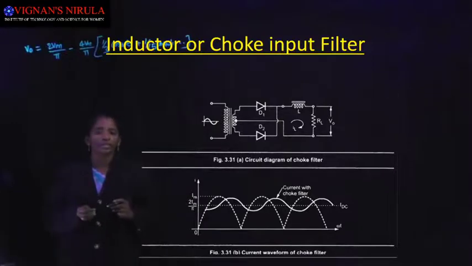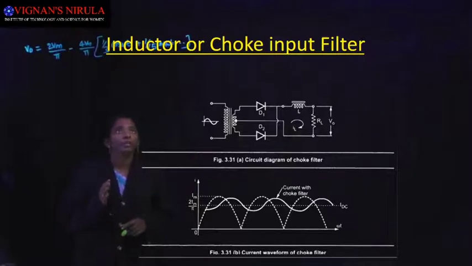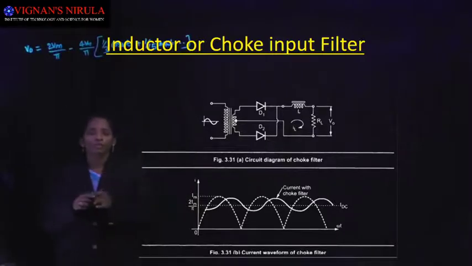To analyze the inductor filter for full wave rectifier, here we are writing the Fourier series, that is V0 equal to 2Vm by pi minus 4Vm by pi into (1/3 cos 2 omega t plus 1/15 cos 4 omega t). Here the first component is the DC output.